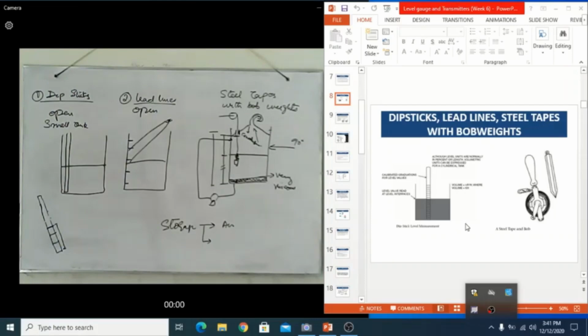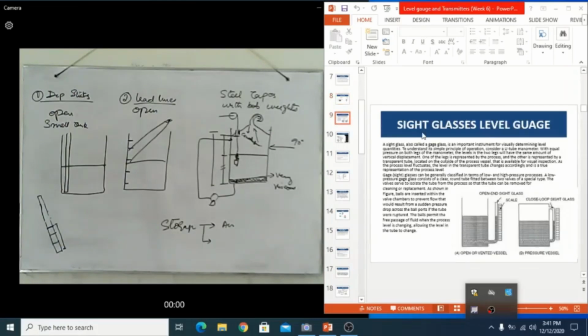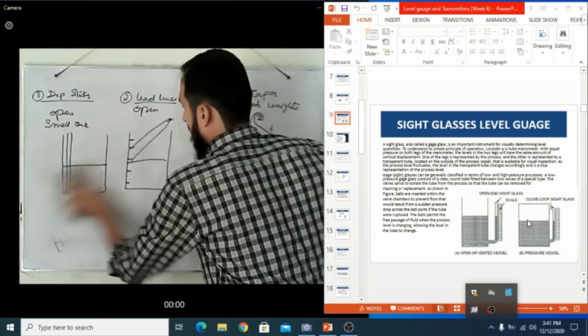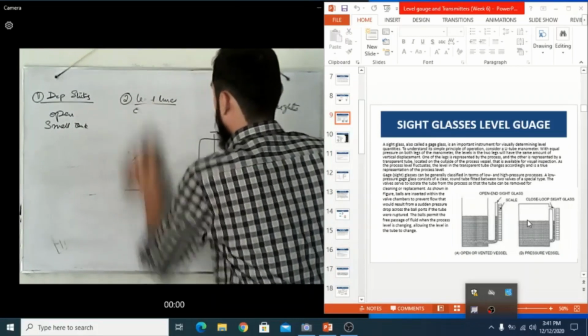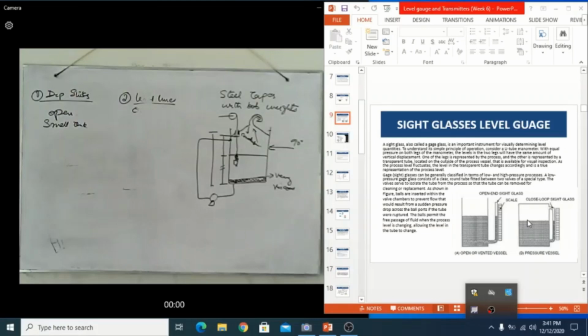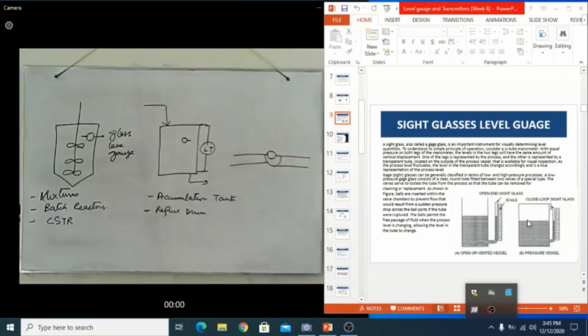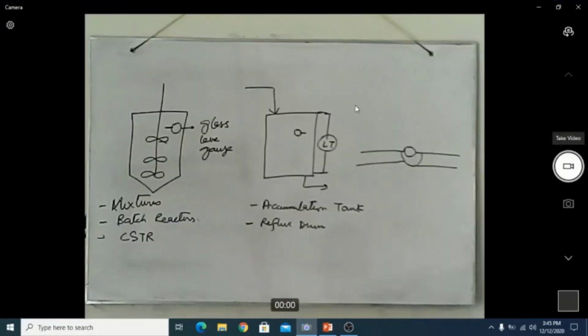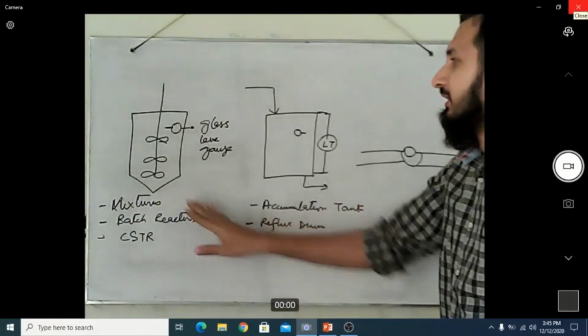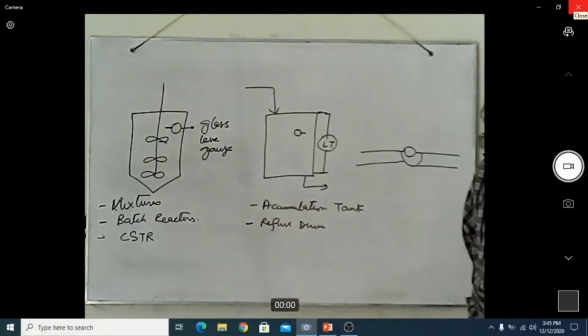In the next part, we have studied the side glass level gauges, of which two are explained here. One is more often seen in the industry, like you see here in the mixing tank, which needs to be run batch-wise.